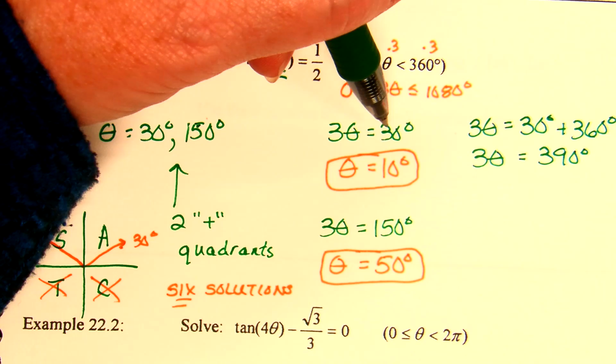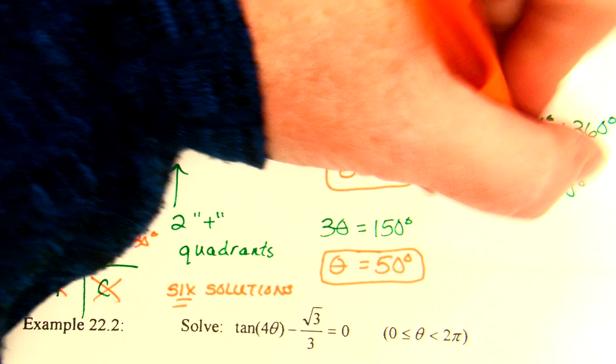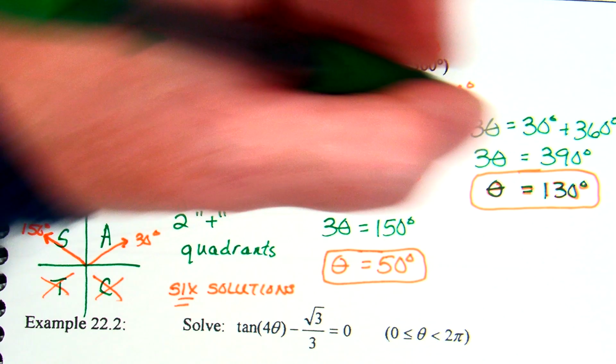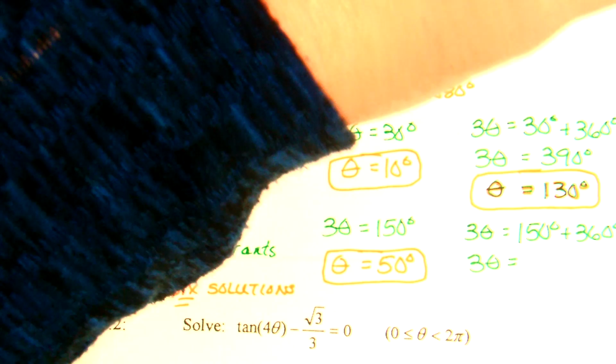So then up top, 390 divided by 3 is, oops, dang it. I don't want that in orange. Oh well. That answer is 130. And then we also have to take the 150 and add 360, right? 150 and 360 is about 510.